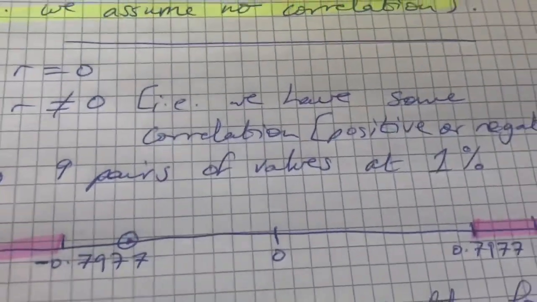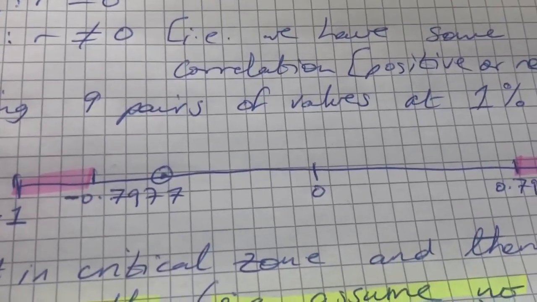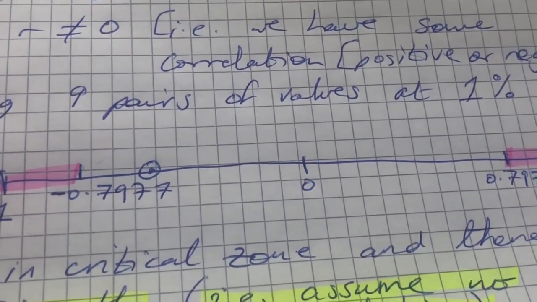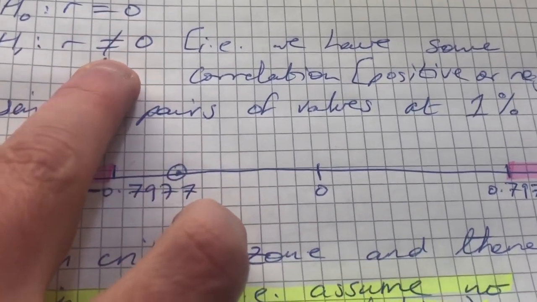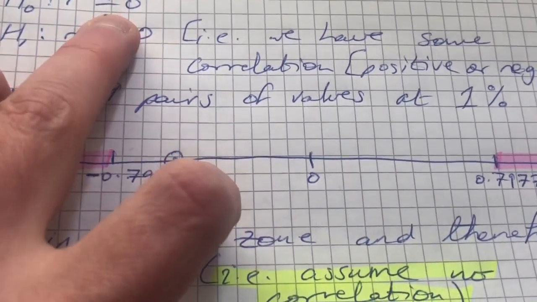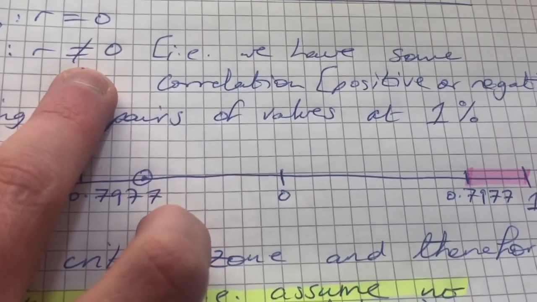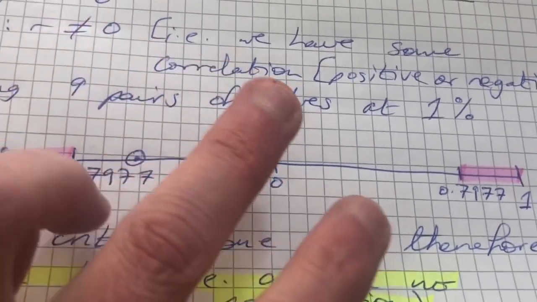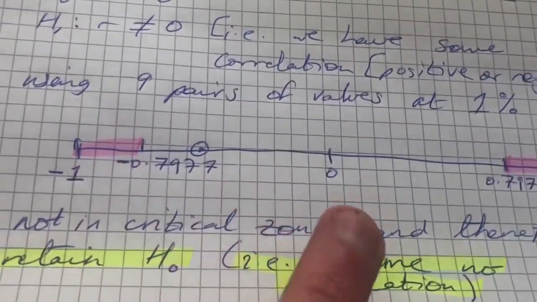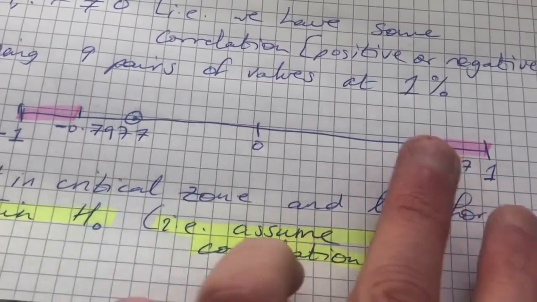If we were not particularly inclined to believe a positive or a negative correlation, in other words, just testing for some correlation rather than no correlation, then our null hypothesis and our alternative hypothesis setup is like that. And again, like before, we split the critical zone up.